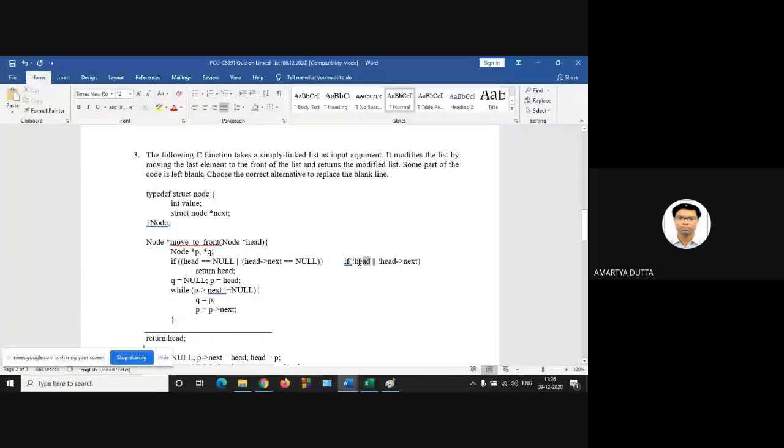So these two conditions will be evaluated separately and joined by the or operation. So if your head is null, that is, the list is completely empty, or there is only one single element. In GATE, maybe 2020, this condition may be changed in this form also.